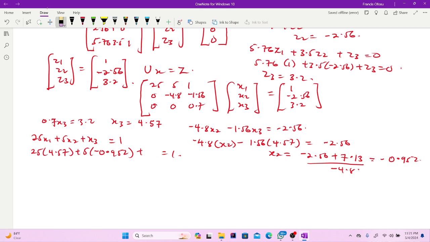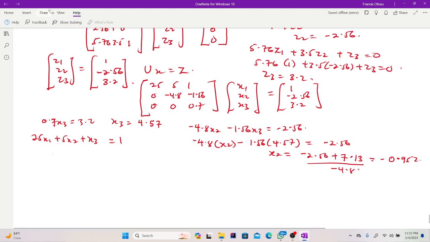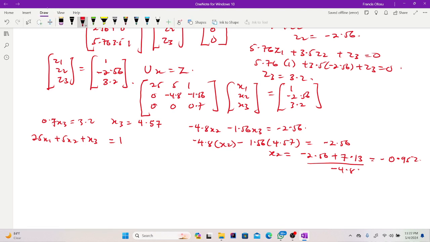Okay, so I made some mistake with my substitution, right? Let me make the substitution once again. So I have 25x1 plus 5, and my x2 was negative 0.952, plus x3, which is 4.57, is equal to 1.